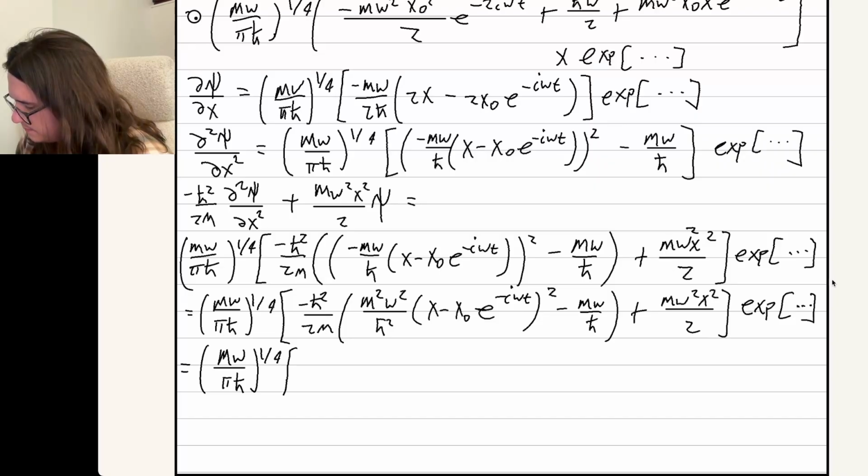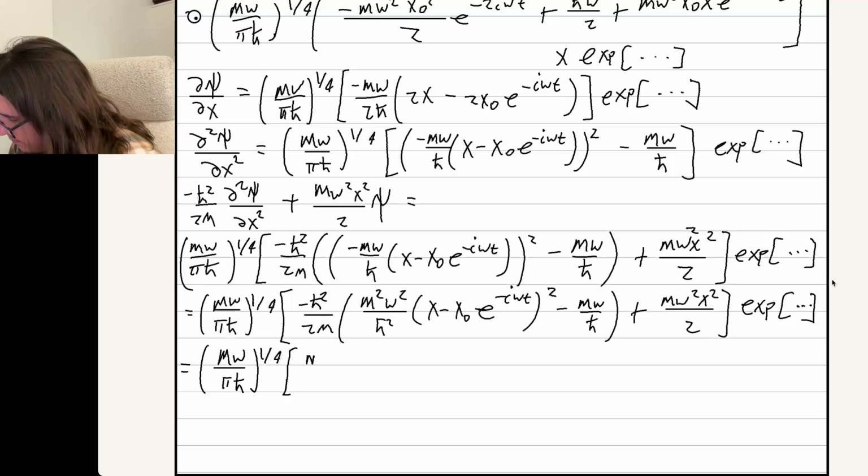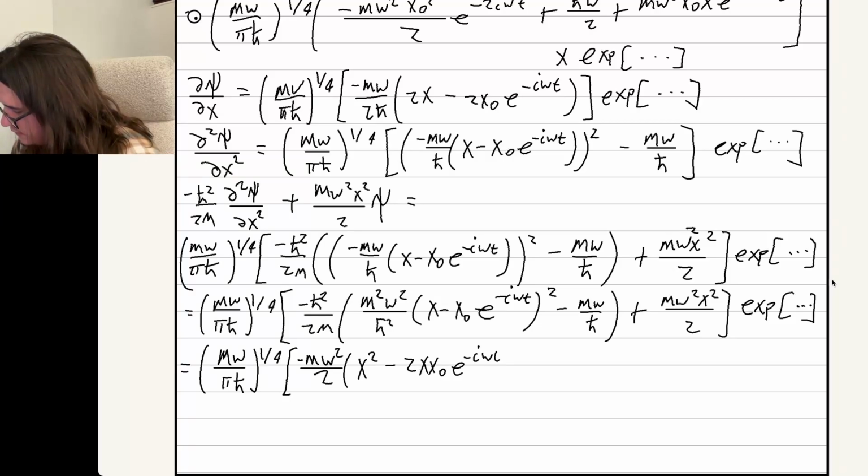into there. So now the h bar squareds will cancel out. We'll have m omega squared minus m omega squared over 2 times x squared minus 2x x naught e to the minus i omega t plus e to the minus 2 i omega t.